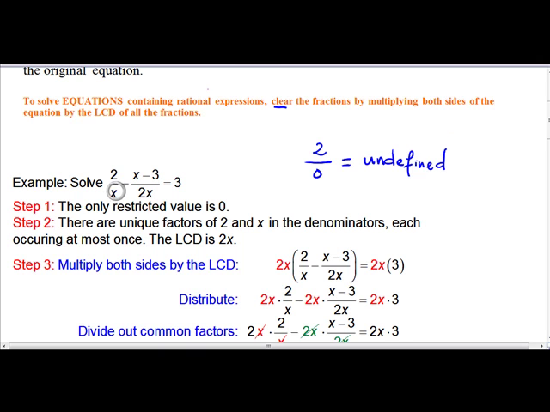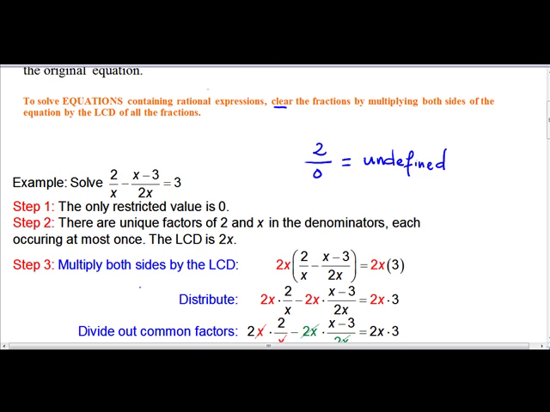Step 2, we're looking for the LCD. Here is the first denominator, here's the second one. x and 2x are the denominators. 2x is 2 times x, and 2 and x are unique factors, so we take all of them. So the LCD would be 2x.